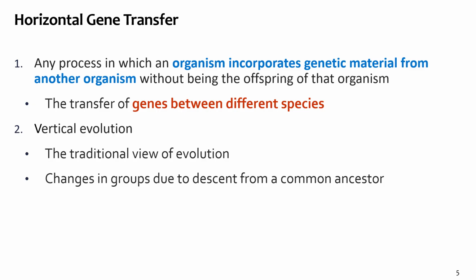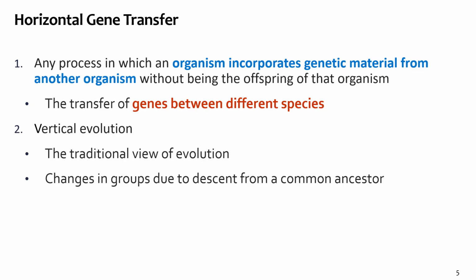But many, many genes are thought to have been acquired in populations by what we call horizontal gene transfer. Horizontal gene transfer is the opposite of vertical evolution. In vertical evolution, we have passing of genes from parent to offspring. In horizontal gene transfer, we have gene transfer from one organism to the other without that reproduction aspect.